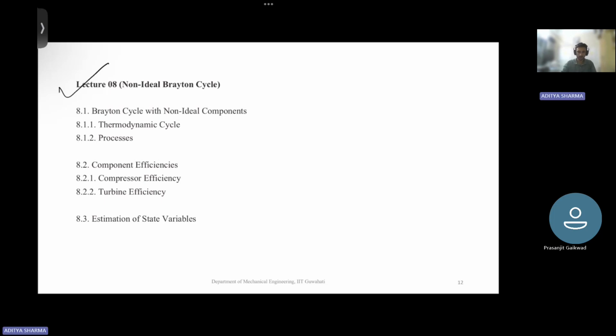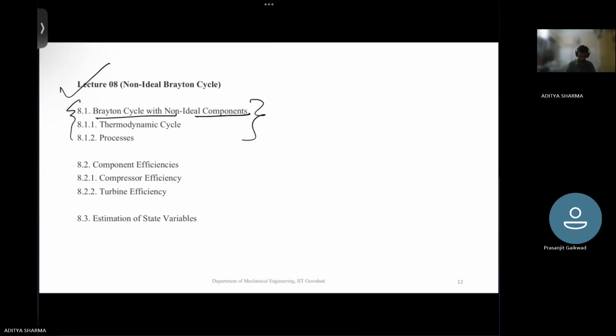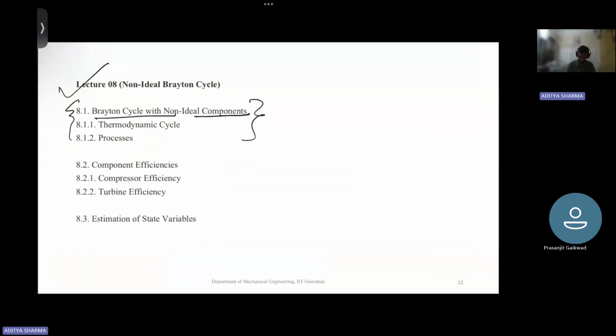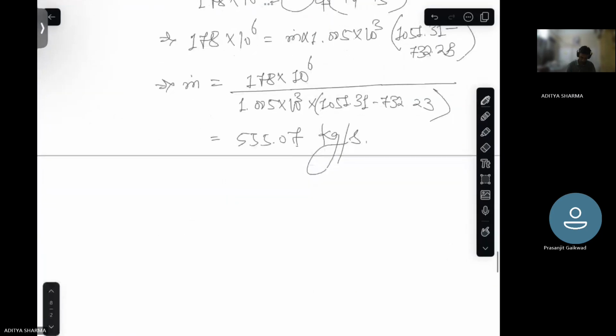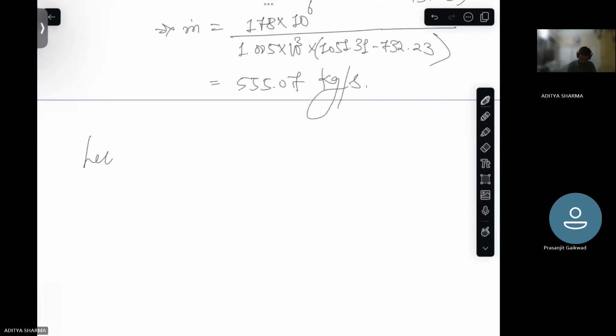First, lecture 8: Brayton cycle with non-ideal components. So this I can discuss so that we have the context.